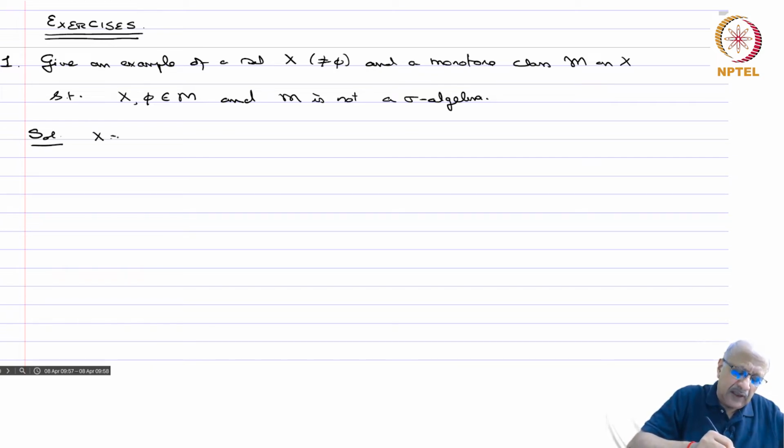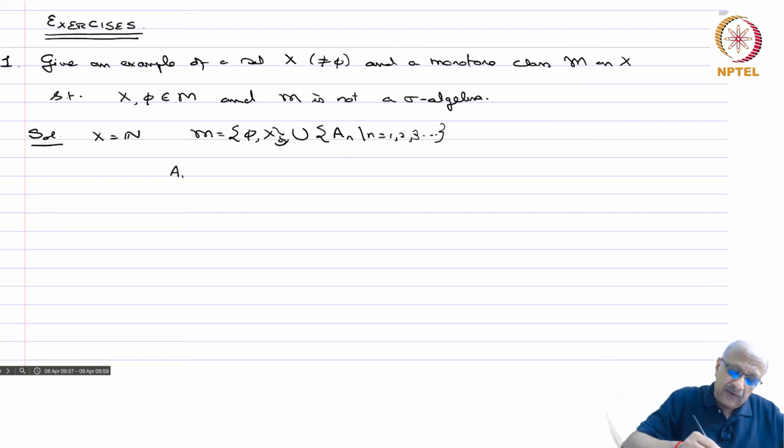Let us take X equal to N and M to be the empty set, X, union A_n, n equals 1, 2, 3, etc., where A_n is the set 1, 2 up to n.